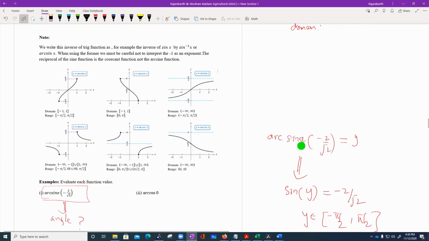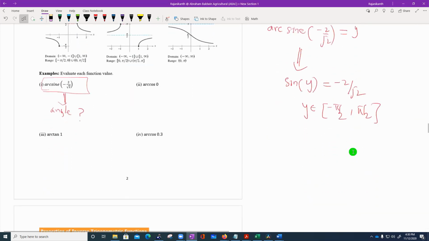So whenever you are asked to find an inverse function value, that is nothing but the function value. That function value is the range, so it should be between negative pi over 2 and pi over 2. Now use the unit circle technique and tell me, where is that? That should be either the first or fourth quadrant. I would say quadrant 4.